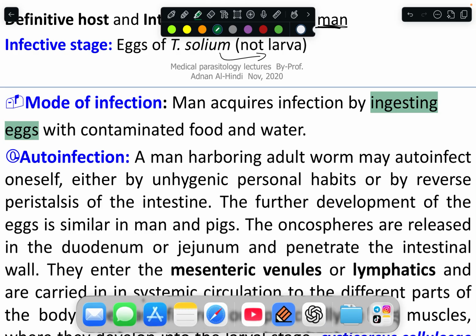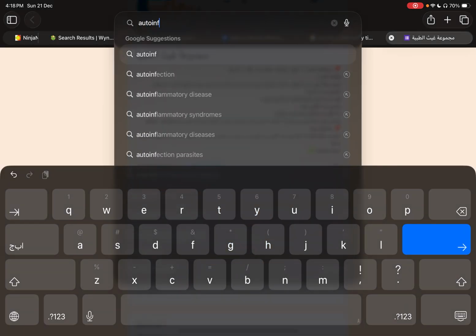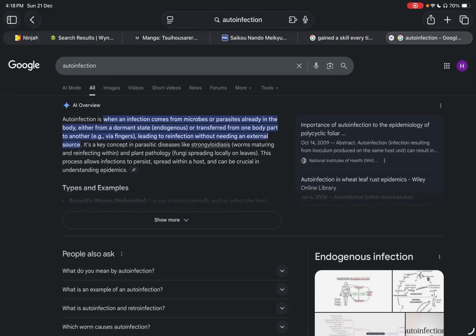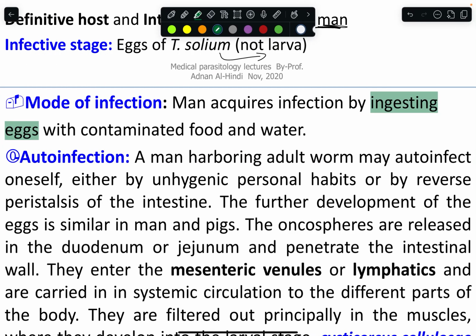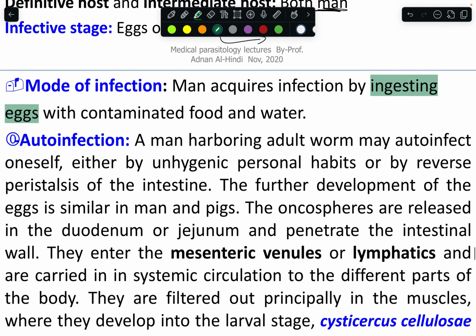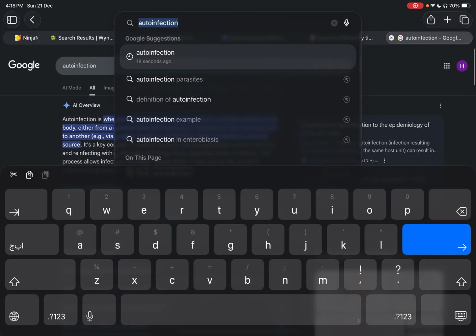Wait, let me check what auto-infection is. Auto-infection. Infection comes from microbes or parasites in the body. Okay. So auto-infection, a man harboring the worm, either by unhygienic personal habits or reverse peristalsis. What is reverse peristalsis?